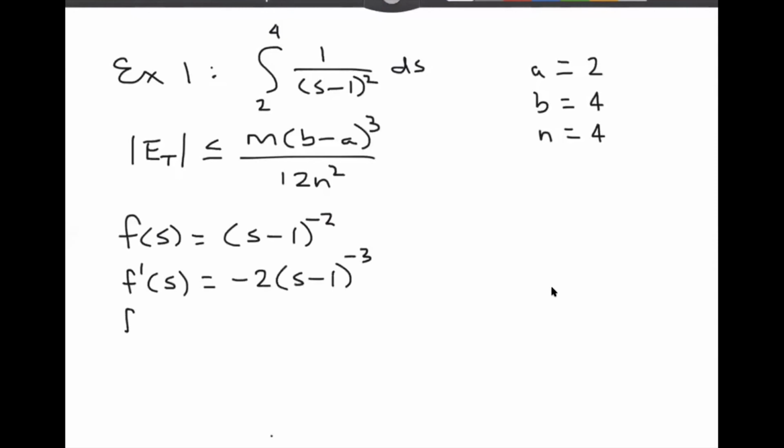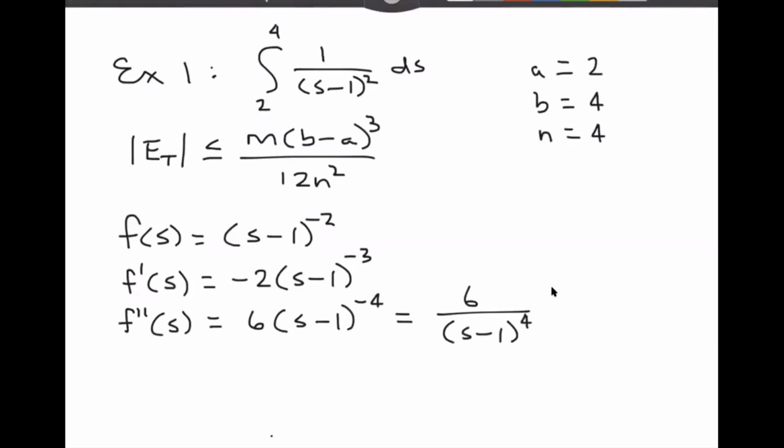So then the second derivative of f is 6 times s minus 1 to the negative 4, also known as 6 over s minus 1 to the 4th. So what we need to do to find m is look for an upper bound on the magnitude of that expression on the interval from 2 to 4.